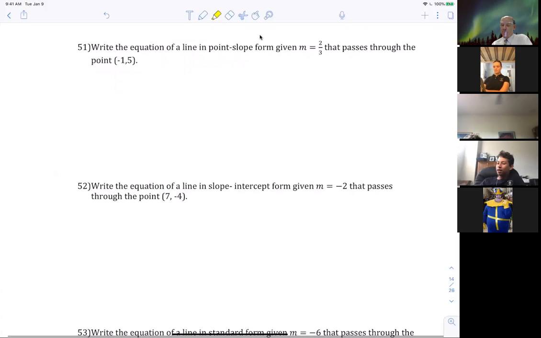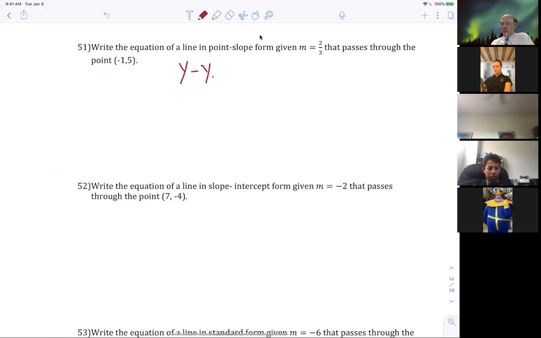Here we go. 51. Write the equation of the line in point slope form. Ooh, let's see who was paying attention. Point slope form. AC. Okay, you can write that equation. I think that's a good start. All right, now plug in.